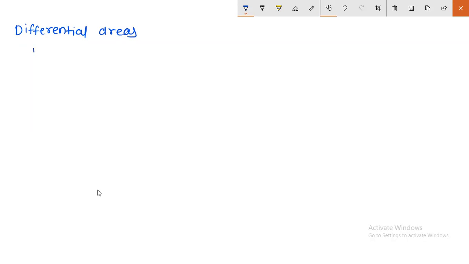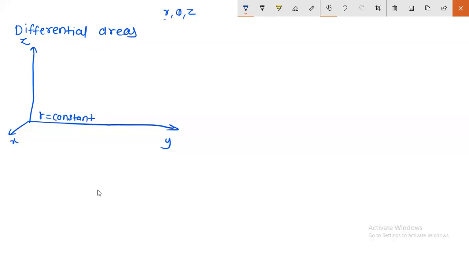Here the coordinates are R, phi, and Z. Remember, coordinates for the cylindrical system are R, phi, and Z. First we'll consider R equal to constant.